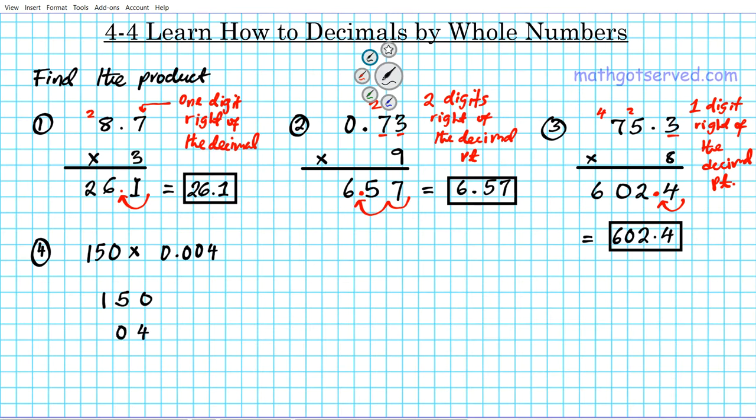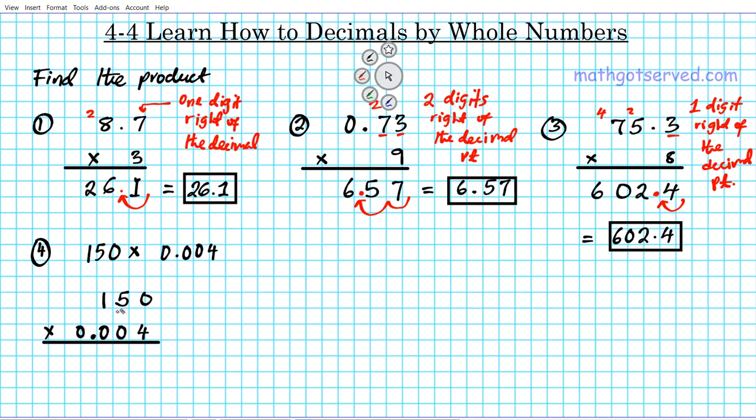So let's go ahead and multiply these two numbers. We're going to multiply first, assume that there is no decimal point, and then we'll deal with the placement of the decimal point after we find the product.